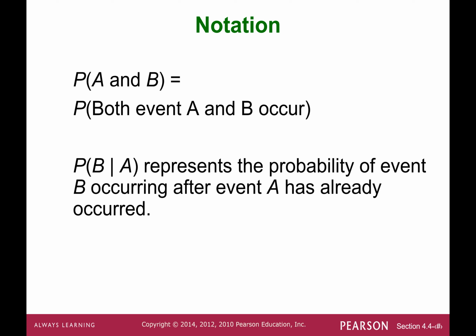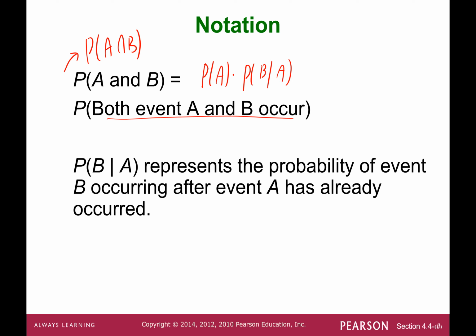So P(A and B), A intersect B, means both A and B occur at the same time. The general rule is the probability of event A times the probability of event B, given that event A occurs. The probability of B given that event A occurs represents the probability of event B occurring after event A has occurred. So we call this conditional probability.